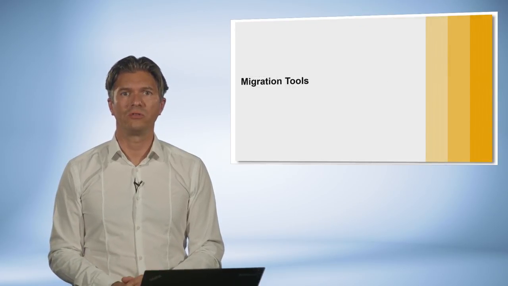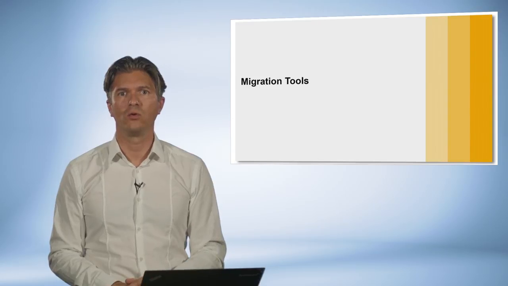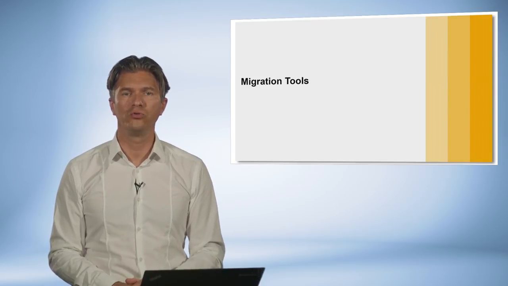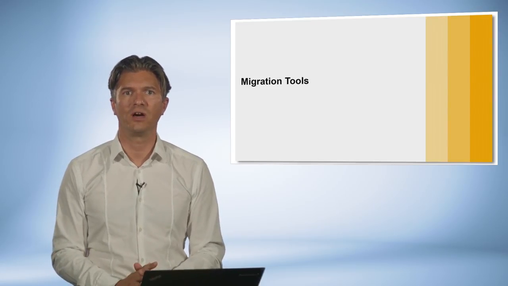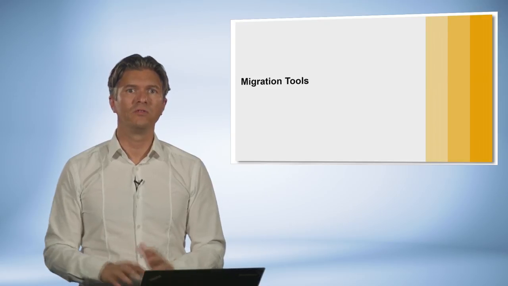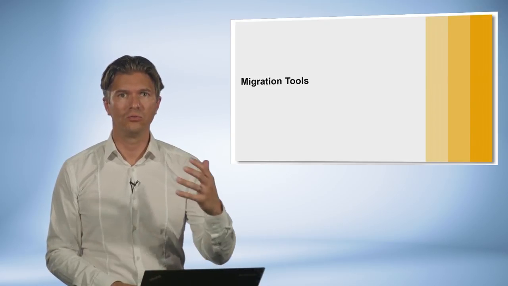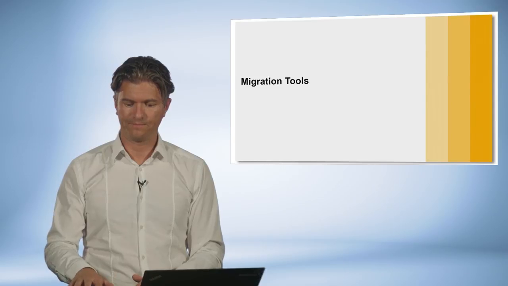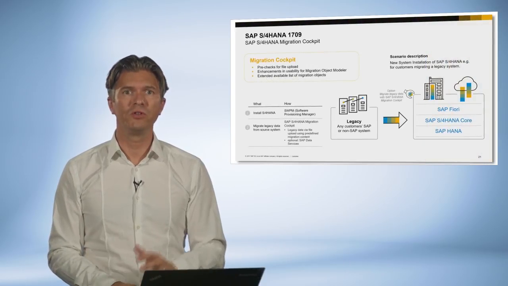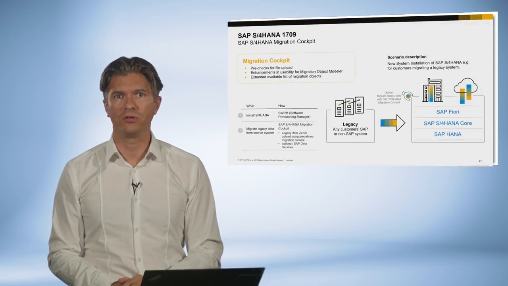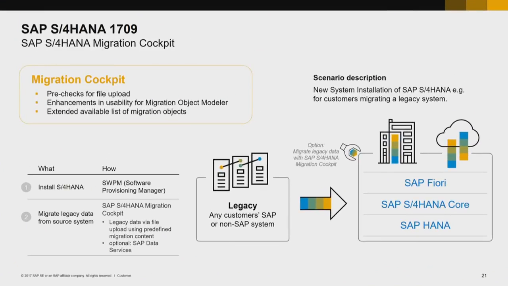Before we end this session, I'd like to bring two more things. What tools are provided to support you to move to S/4HANA 1709? And second, where can you find information related to the road ahead? First, let me talk about SAP S/4HANA Migration Cockpit. The SAP S/4HANA Migration Cockpit is a new migration tool that is shipped exclusively with SAP S/4HANA.